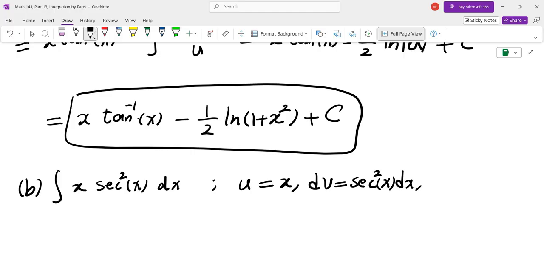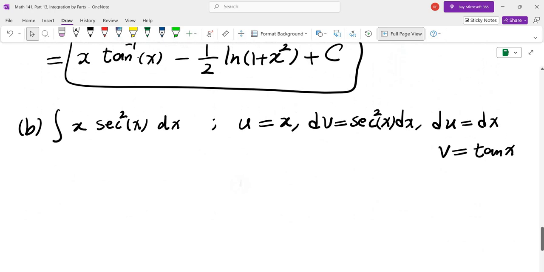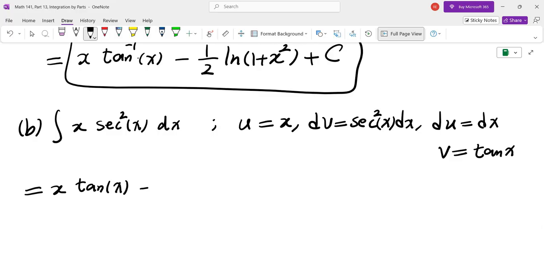So we know that the derivative of u is just 1, so du is just dx. And we know that the integral of secant squared is tan of x. And that is exactly what I had. So let's see, we get uv, which is x tan of x, minus the integral of v, which is tan of x, du, which is dx.